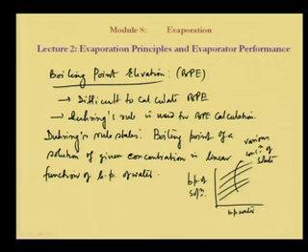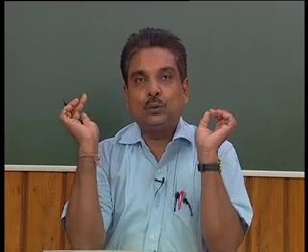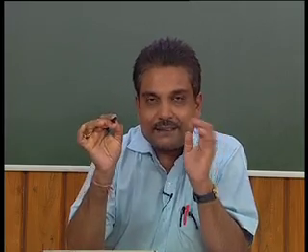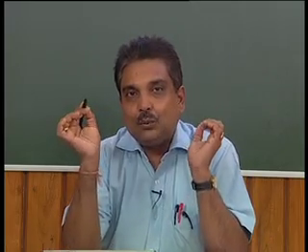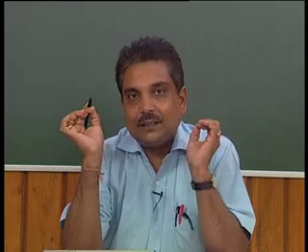We will have different lines, and these lines are called Duhring's lines. So, this is a straight line. If we have a relationship for 2 points, then we can draw a straight line, and then we can go for interpolation or extrapolation of these lines and get information for various concentrations. So, that is the importance of Duhring's rule.